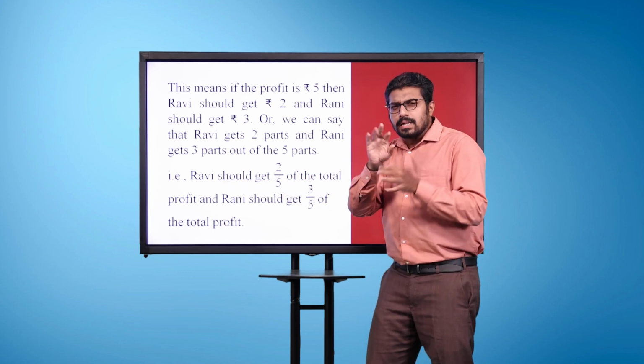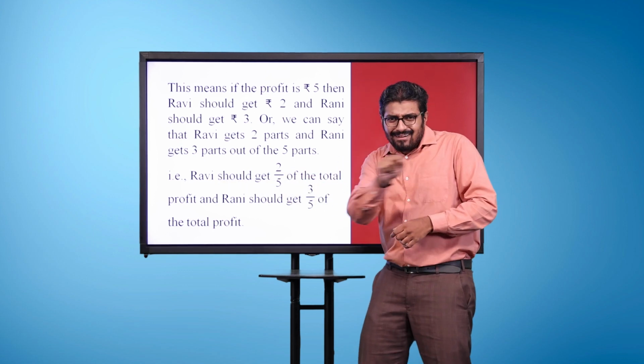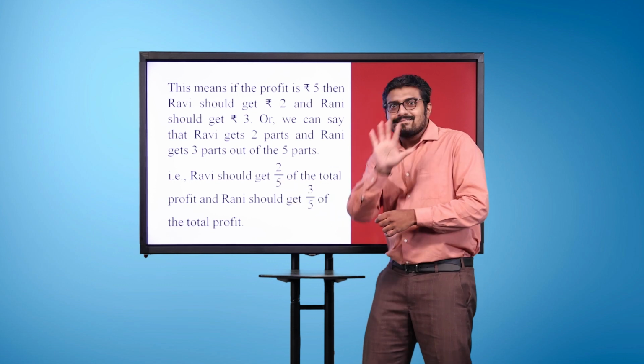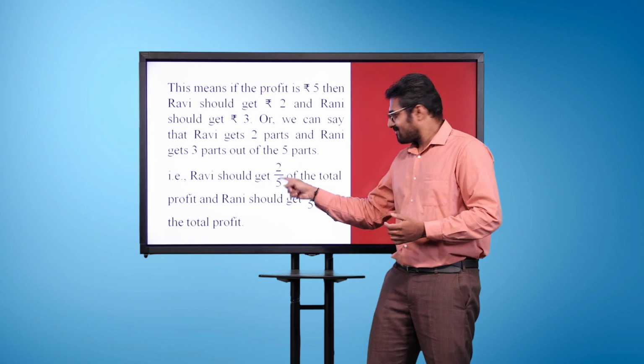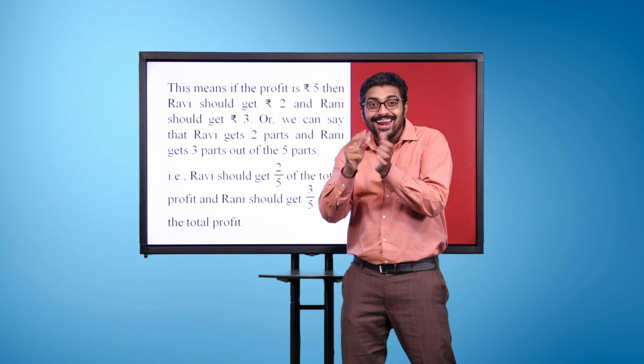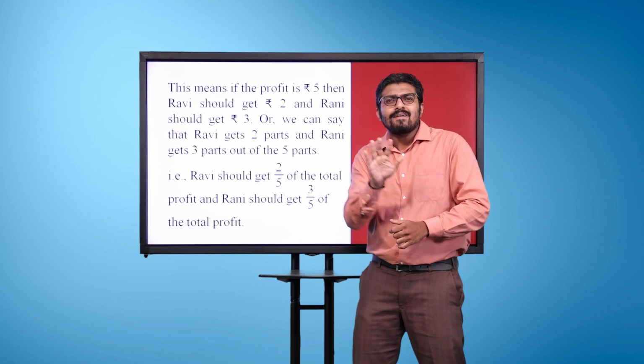That is, Ravi should get 2 by 5 of the total profit and Rani should get 3 by 5 of the total profit.